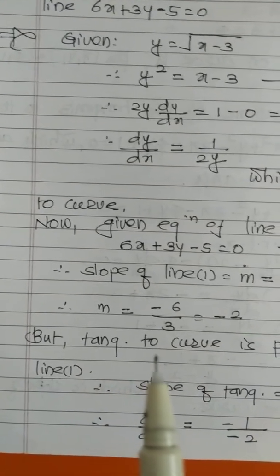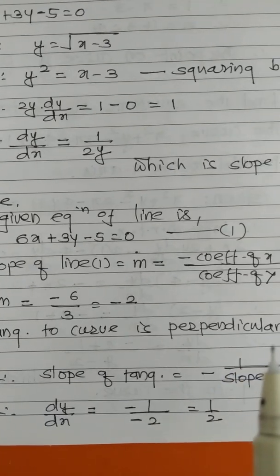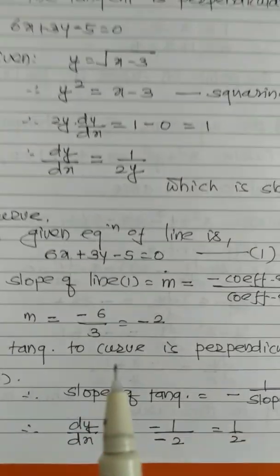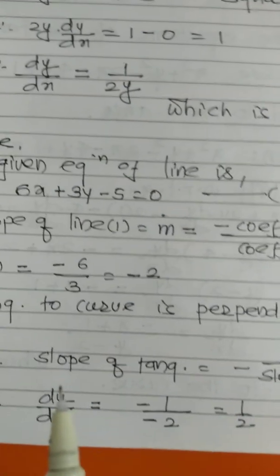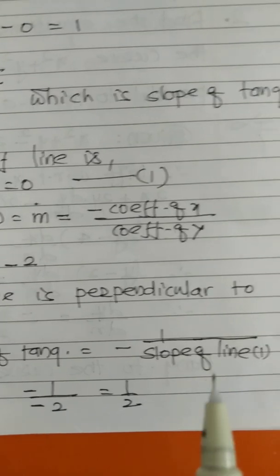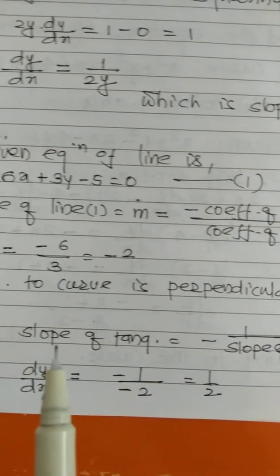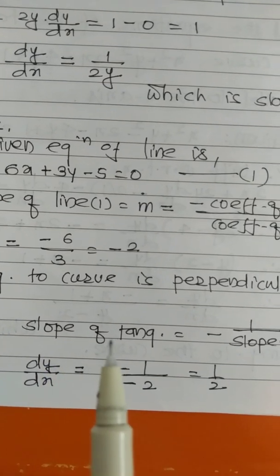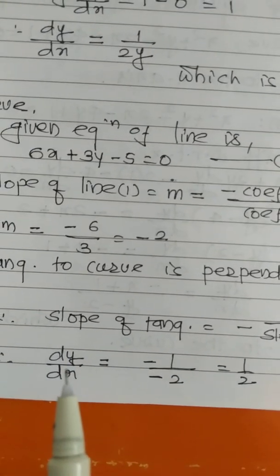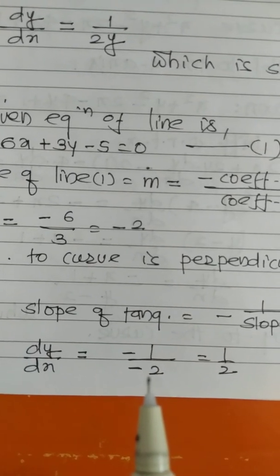Now, the condition is that the tangent to the curve is perpendicular to the line. So the slope of the tangent equals minus 1 upon the slope of that line, because when lines are perpendicular, slopes are negative reciprocals of each other. So dy by dx equals minus 1 upon minus 2.